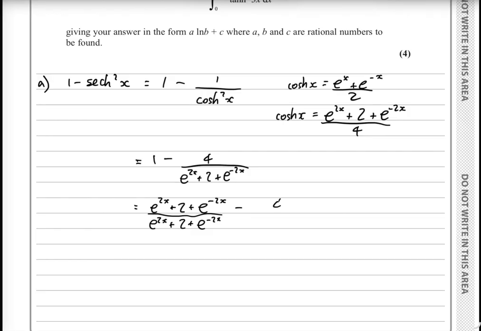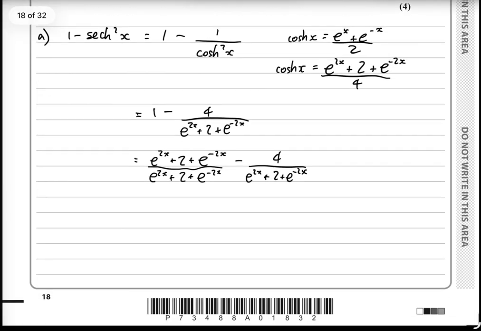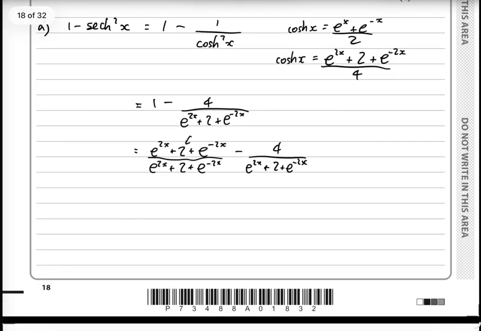So that I can combine these two into one fraction. Like so. And then when you put those together, the 2 here and the minus 4 here gives me a negative 2 here. And then you can see the comparison between the two.